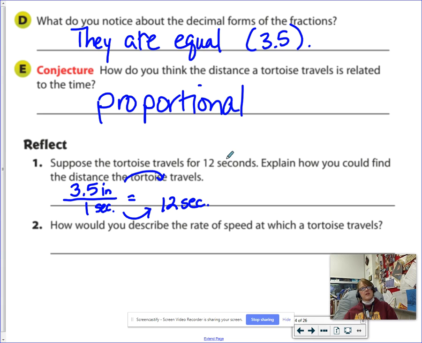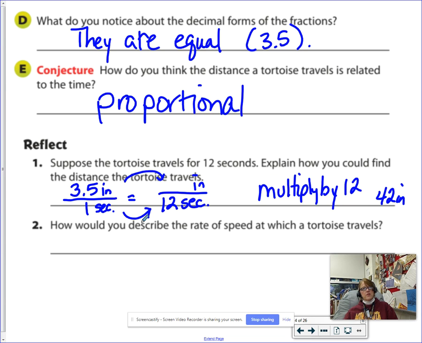We would multiply by 12. And when you do that, I'm looking for this value, the inches, take 3 5/10 multiplied by 12, and I believe you get 42 inches.